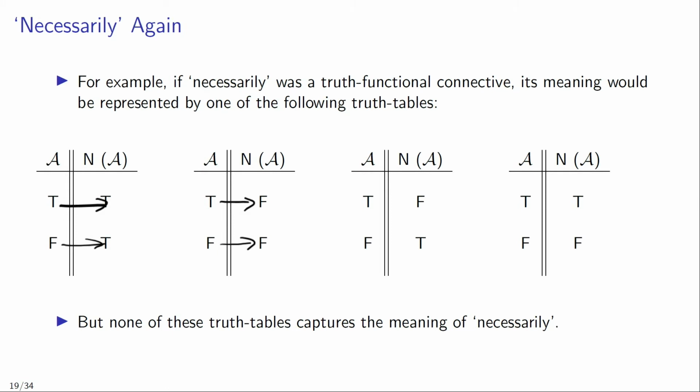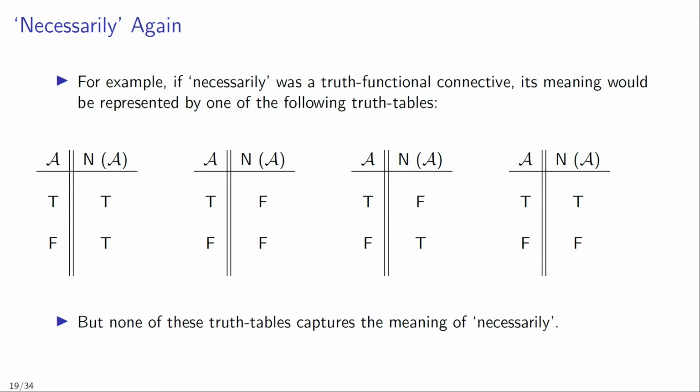In the third truth table, we see represented the claim that necessarily A is false when A is true, and true when A is false. And in the fourth truth table, we see represented the idea that necessarily A is true when A is true, and false when A is false. So if necessarily was a truth functional connective, these would be the four possible truth tables to represent its meaning.